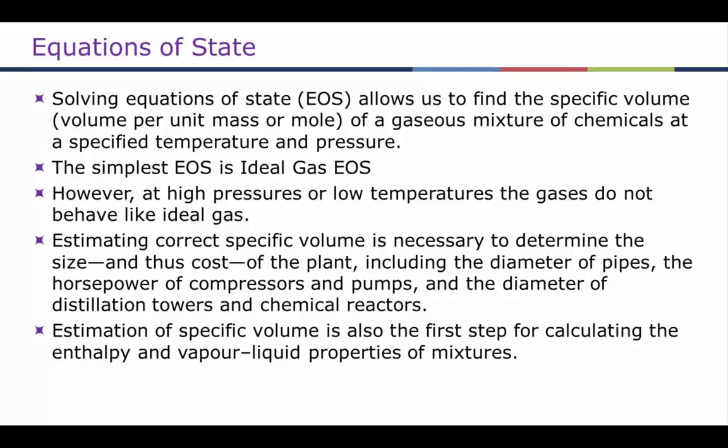Likewise, if you keep decreasing the temperature of the gas, eventually it will condense, which means there is some intermolecular attractive force between the molecules which cause them to come together.